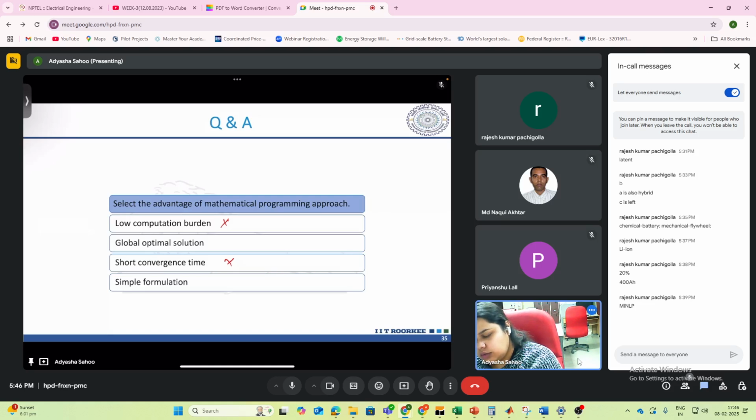In the case of linear programming, that means your constraints and objective are all linear, you have one solution which is your global. So both for LP and MILP, mixed integer linear programming, we have one solution. Your objective function will be something like this.